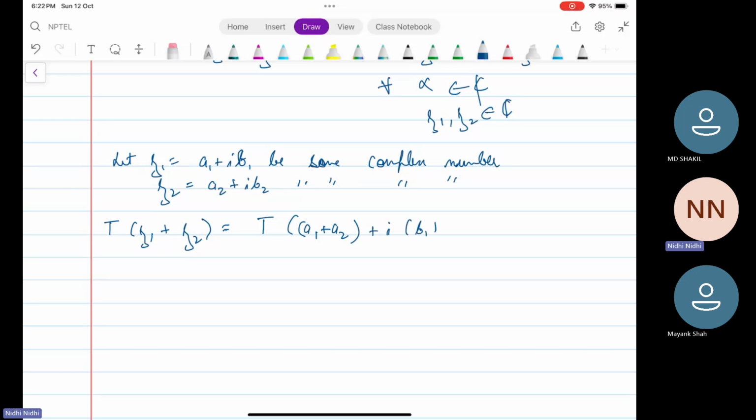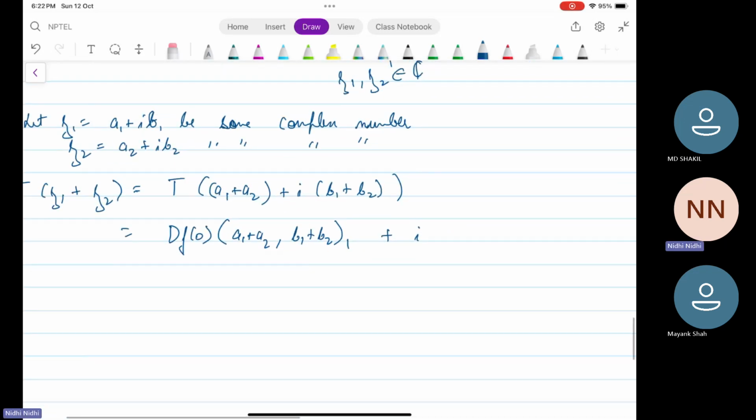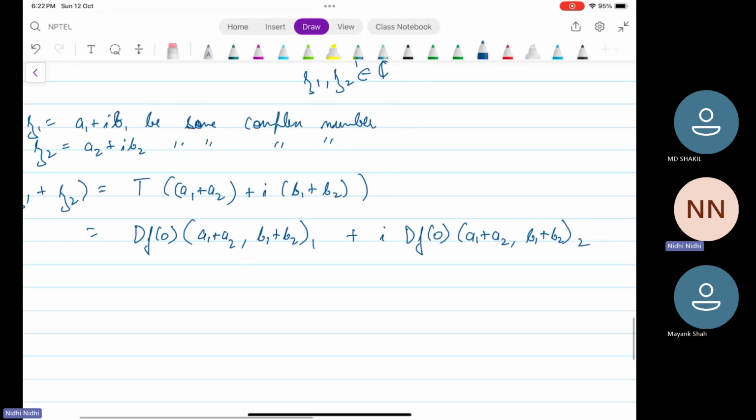And by the definition of T, this is equal to df0 at a1 plus a2 comma b1 plus b2, its first component, plus iota times df0 at a1 plus a2, b1 plus b2, its second component.